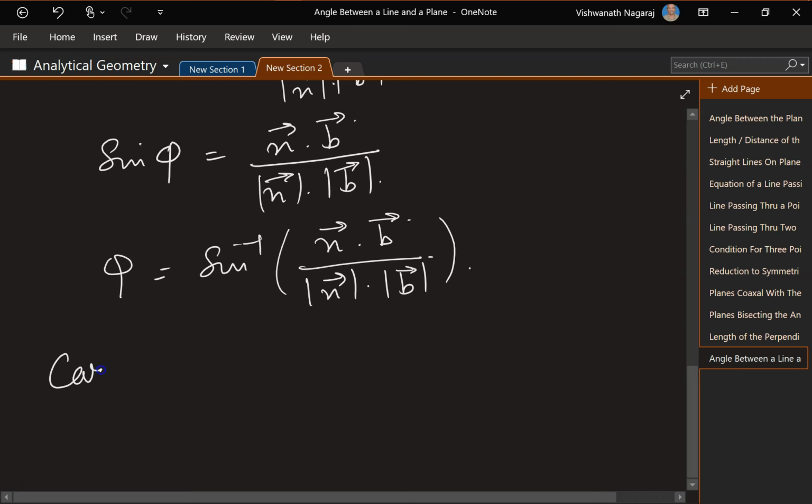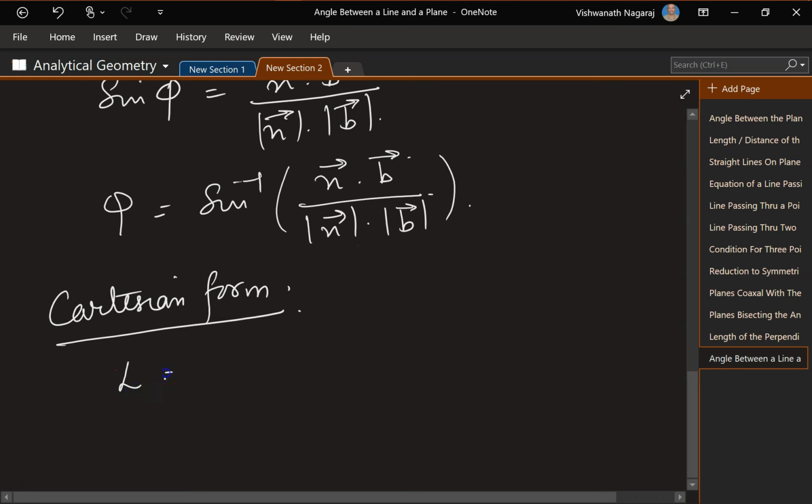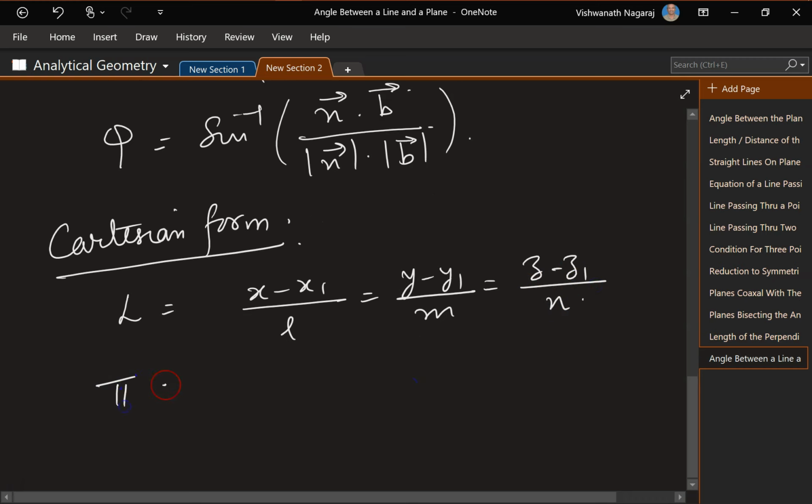Now let's look at the Cartesian form. Let's say L is, remember the Cartesian form of the equation of a line, x minus x1 by l equal to y minus y1 by m equal to z minus z1 by n. And the equation of the plane is ax plus by plus cz plus d equal to 0.